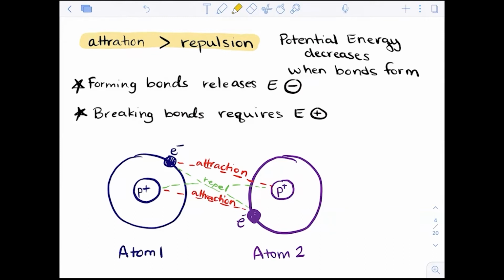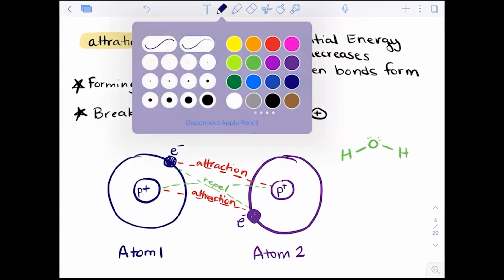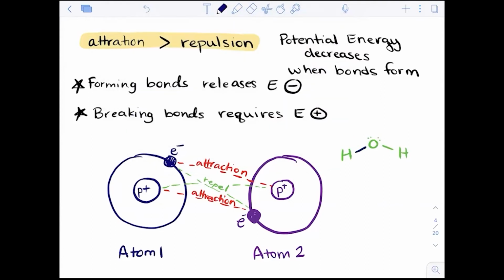If we do see a bond in nature, like water, oxygen bonds to two hydrogens. Here is a covalent bond. How I know it's covalent is because oxygen is a nonmetal and hydrogen is a nonmetal.